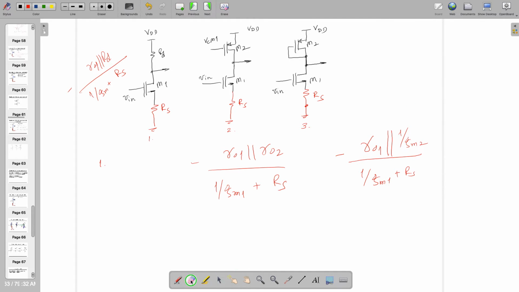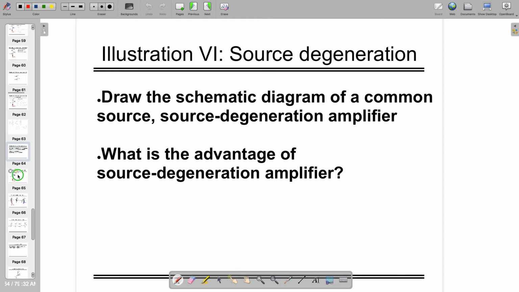So it becomes 1 by GM2 only. Okay, so that's the end of the common source amplifier.